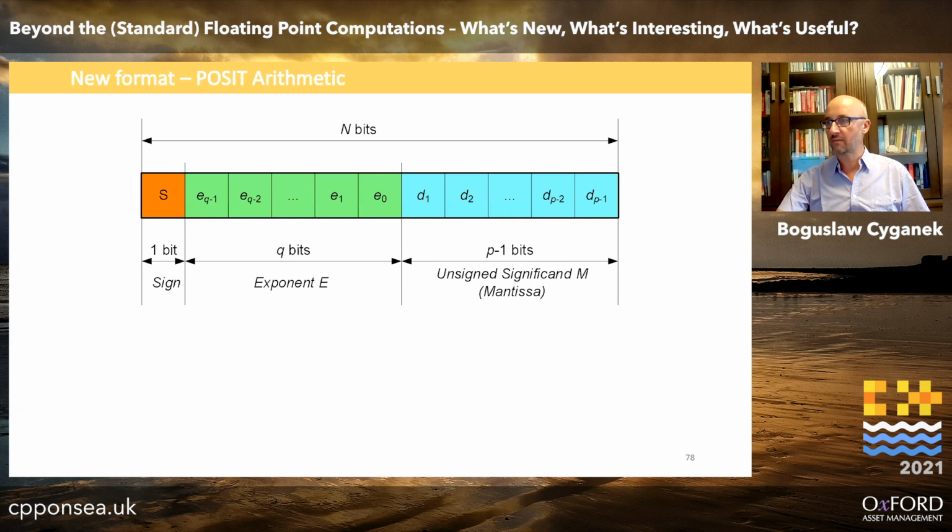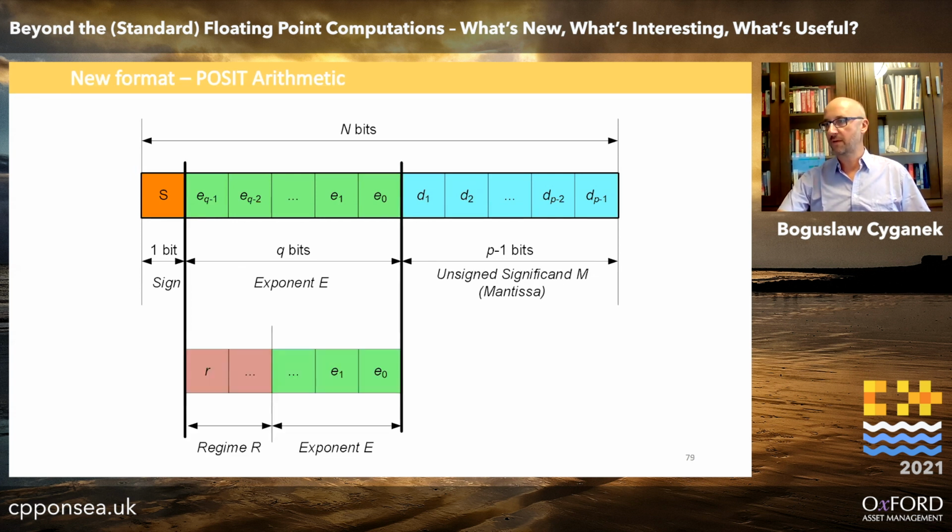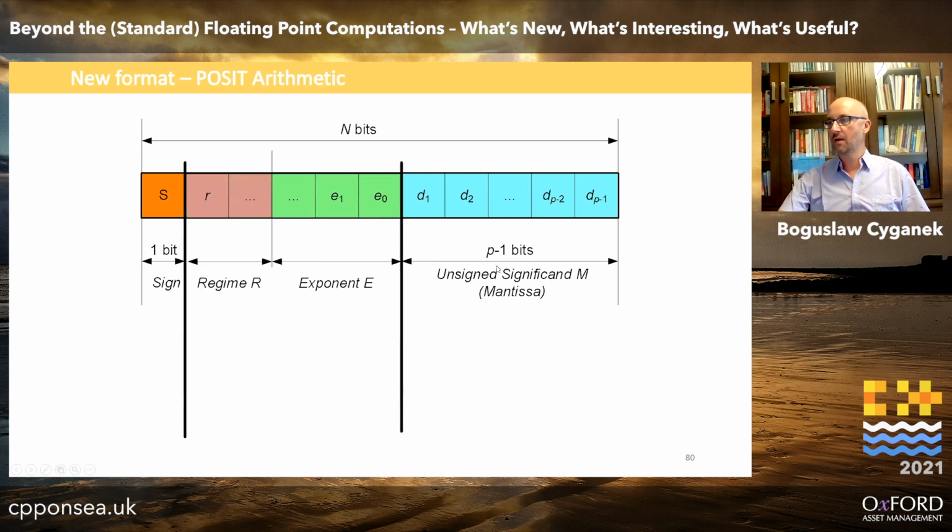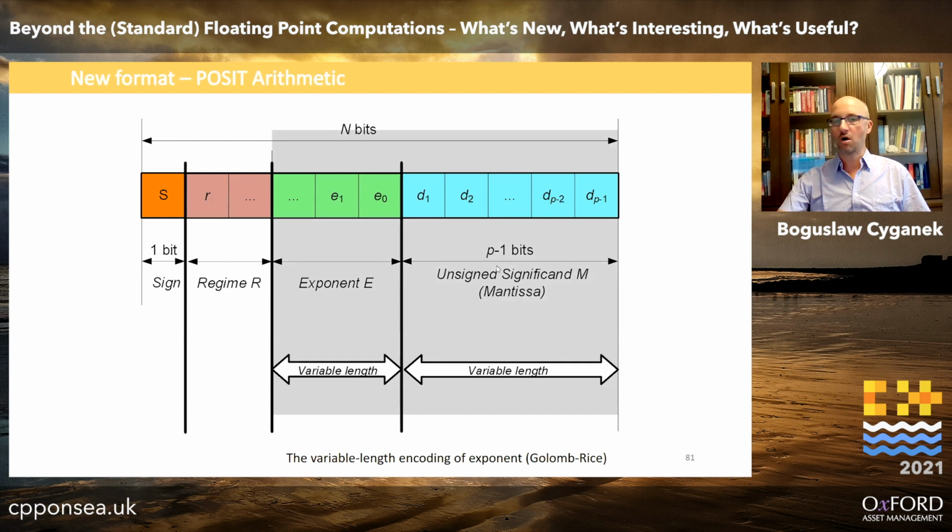So let's start with the IEEE standard. What is the difference? Here is the difference: we split the exponent from IEEE into regime bits and exponent, and we have this fraction or mantissa like here. What is more, this can even be 0 bits. So look at this. The n bits is constant, the length of a word is constant.